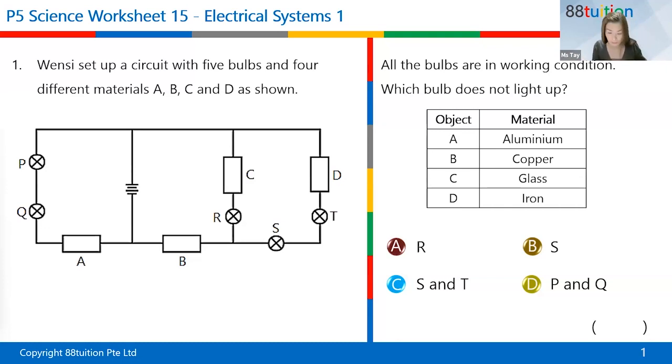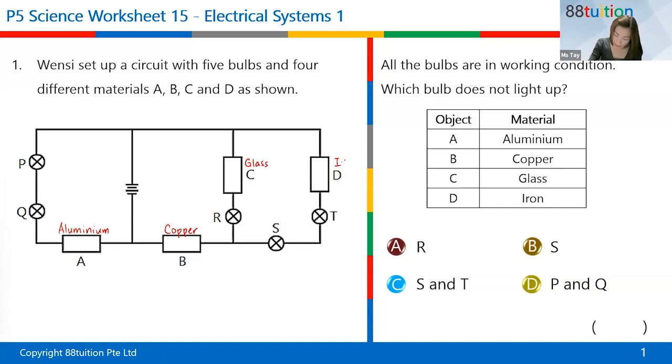So what you do when you have questions like this, first thing is annotate. And then B is copper. And then C is glass.